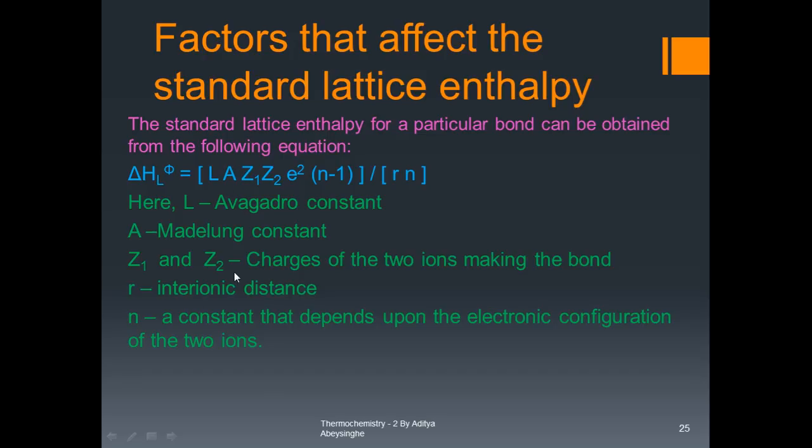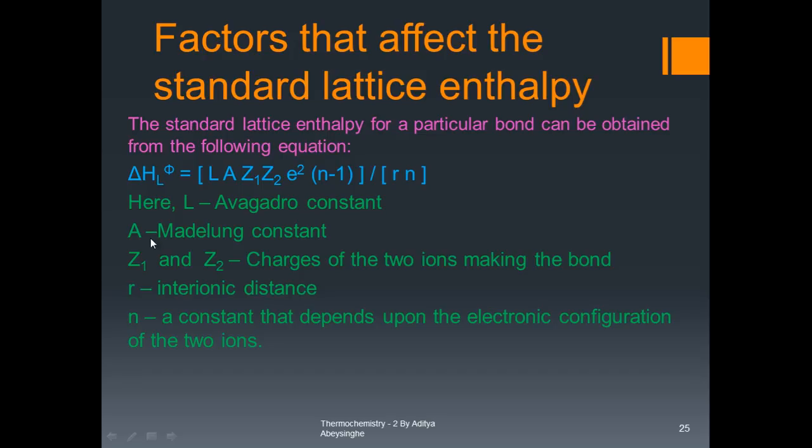So Z1 and Z2 are the charges of the two ions making the bond. For example, if you take sodium and chlorine, Z1 is the charge in coulombs of sodium. Sodium is a unipositive ion, so its charge will be 1.602 times 10 to the power minus 19 coulombs.